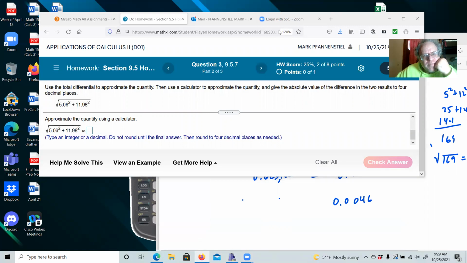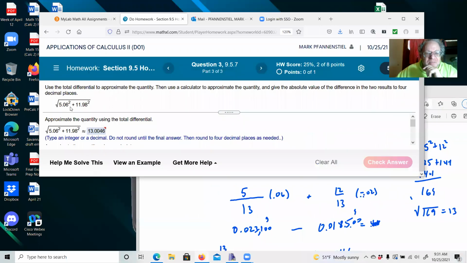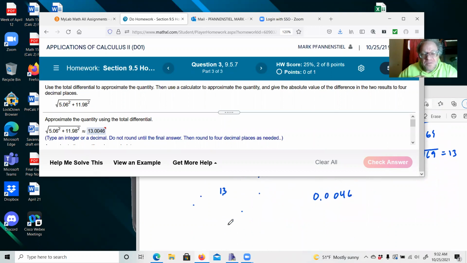Pause for a second. Figured it out. I forgot what the goal was that they asked us to do. They asked us to actually solve this. So we actually have to do this part, and then this is our error for it.